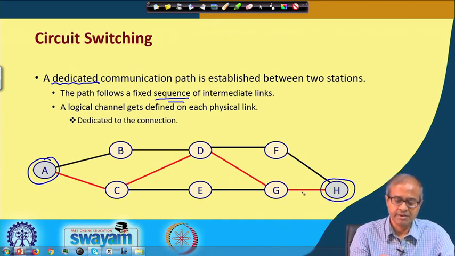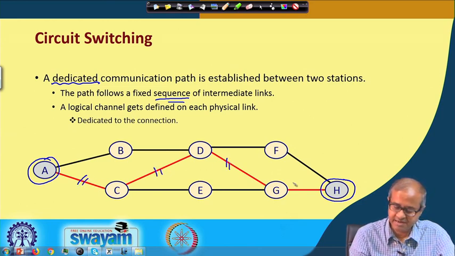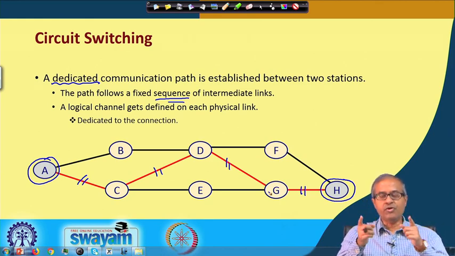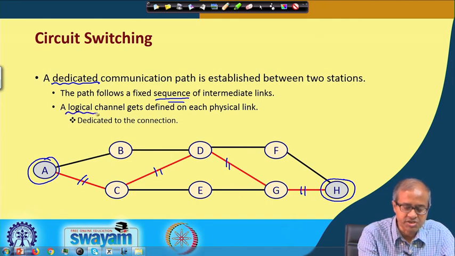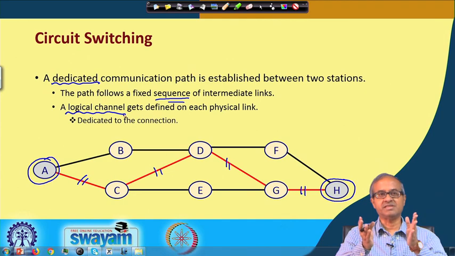Now, on every physical link, this is a link, this is a link, this is a link and this is a link. There are 4 communication links that exist in between, right. So, over each of these communication links, something called a logical channel gets defined or established.